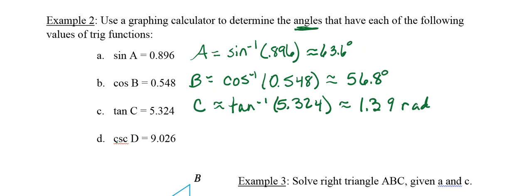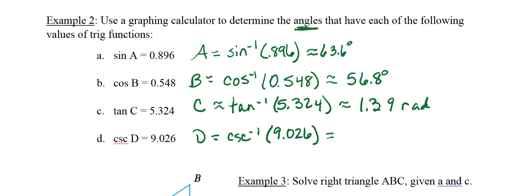Now, depending on your calculator, some have the cosecant button and some don't. My calculator does, so I can just push the inverse of cosecant of 9.026. If your calculator does not have a cosecant button, then you have to think about who cosecant is the reciprocal of.